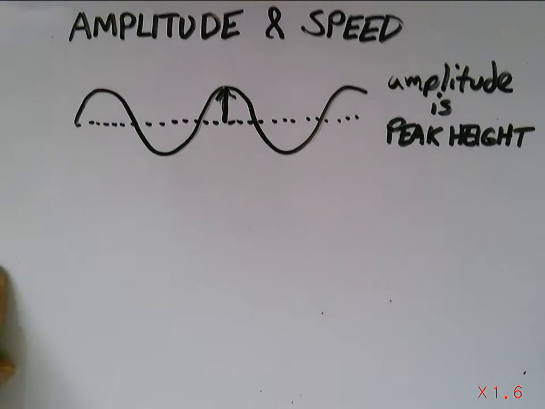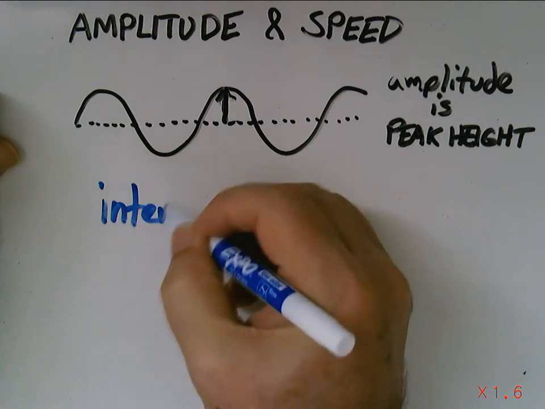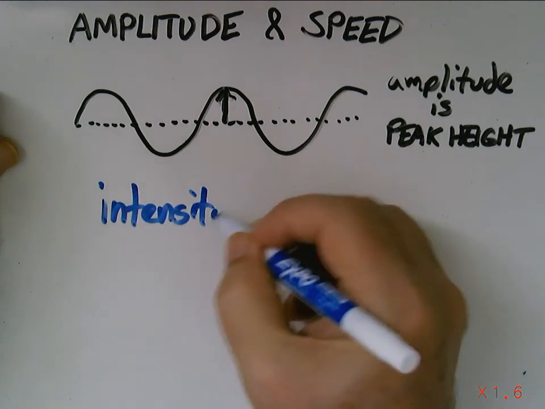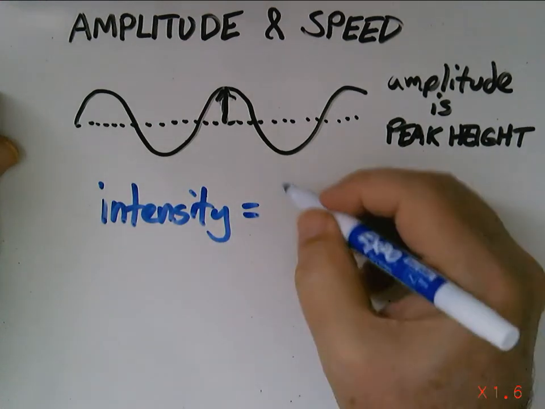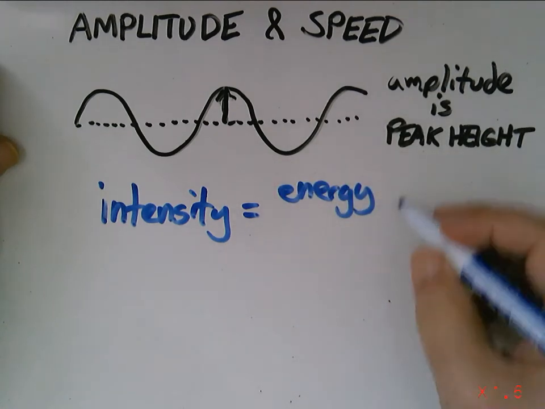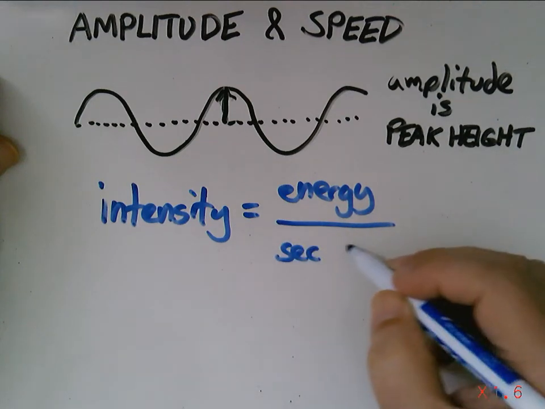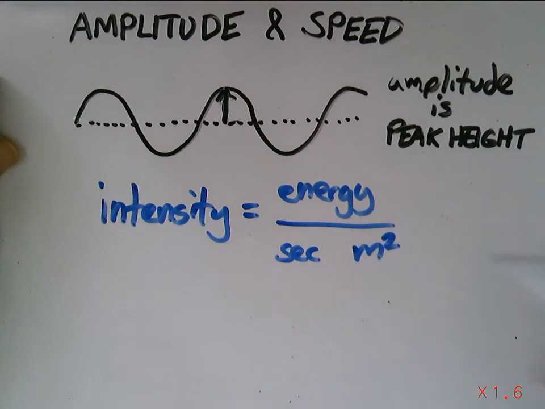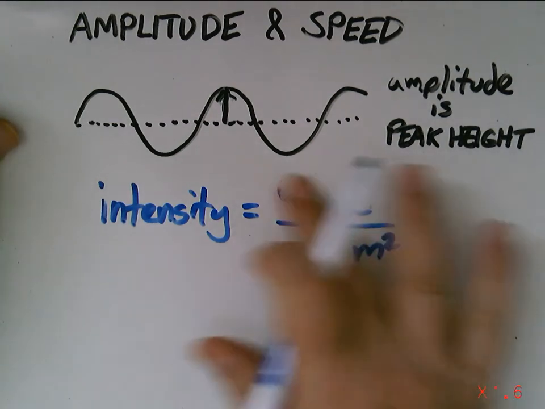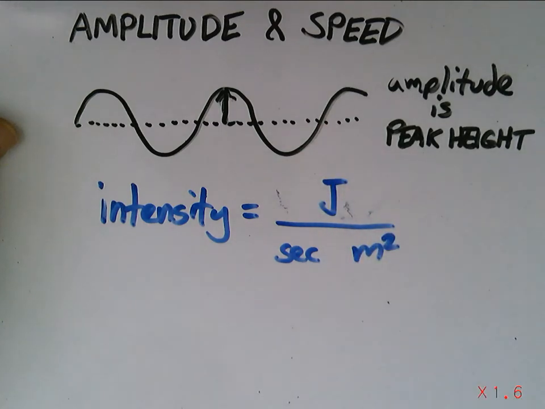Now, there's a related concept called intensity. Intensity is the energy that the wave carries per second, per square meter, say. So what would be the SI units of this? The SI units of energy we said were joules before, way back in Module 1.